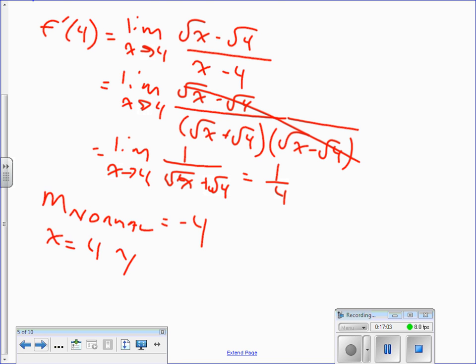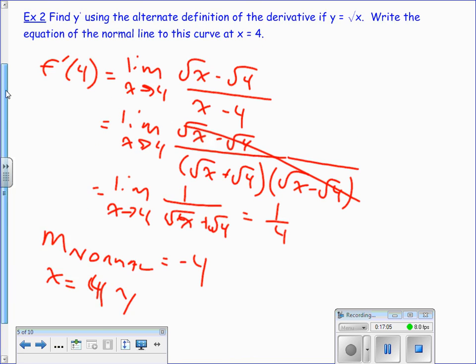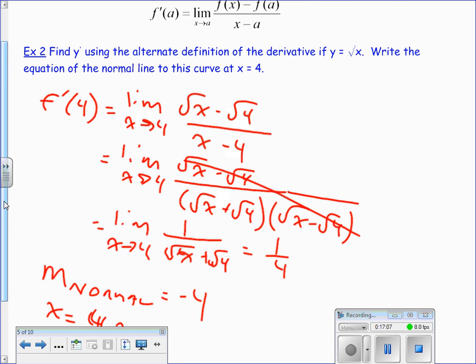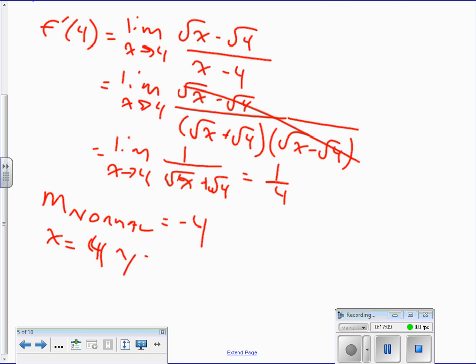My y coordinate, what's my y coordinate? My original equation was what? Square root of x. Why not -2? Because if I take -2 and square it, don't I get 4?